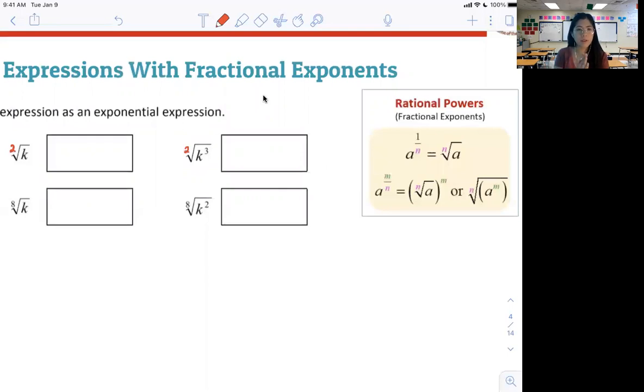Now, take a look at the 2 questions that are on the left side. So on the top, we have the square root of k, and then underneath we have the 8th root of k. Is there an invisible number inside the radical? No. So k is by itself, but when a number is all alone, what's the exponent?